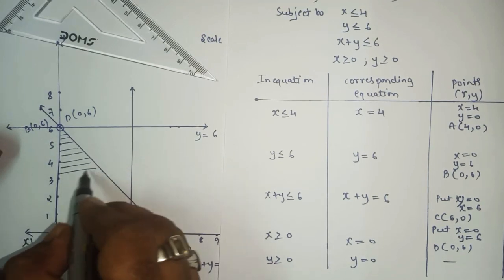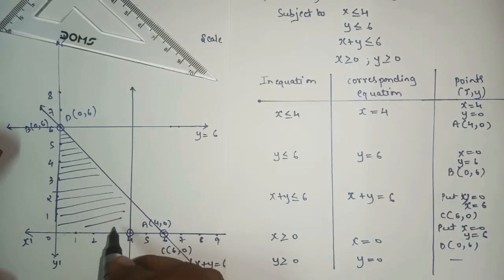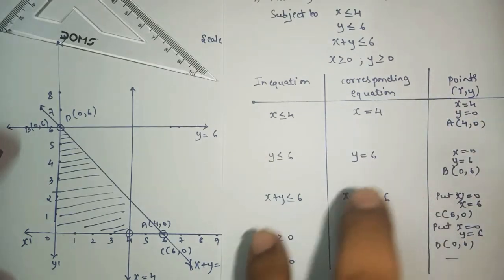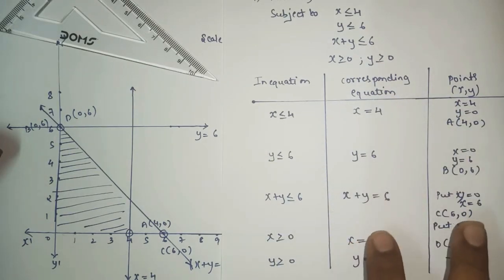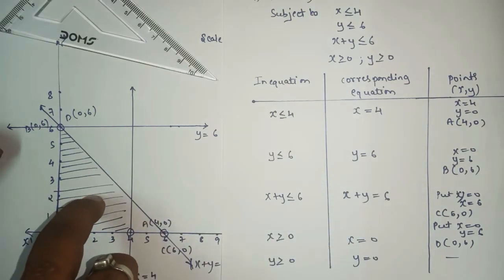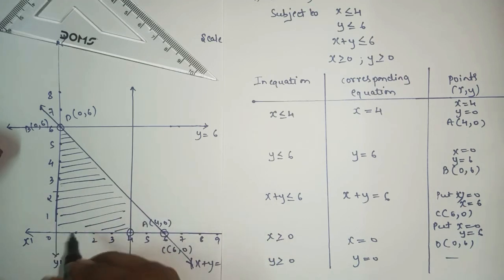As per the rule, we know that when linear inequations contain the same symbol, that is less than or equal to, whether it is 2 inequations or more than 2, the shaded portion will be inside only. So here we got the feasible region.